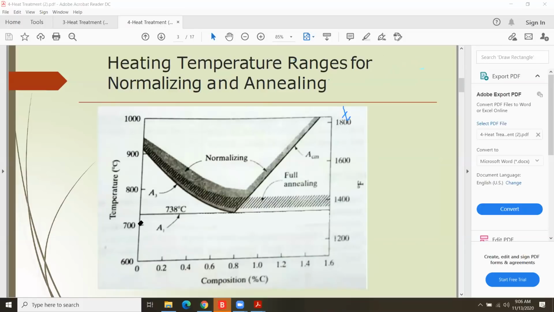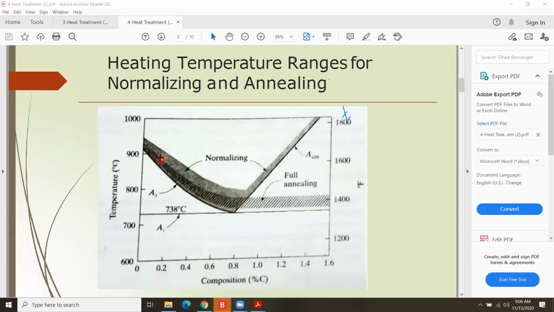For the normalizing process, this is the normal iron carbon equilibrium diagram. So this horizontal line is the lower critical temperature line. This is the V shape. See here, normalizing can be done in this phase, that means only above this V-shaped line.